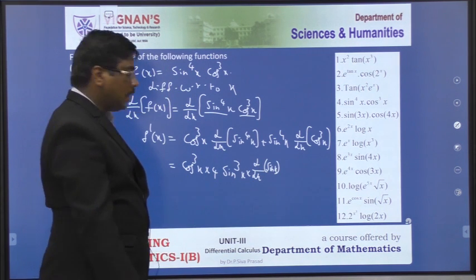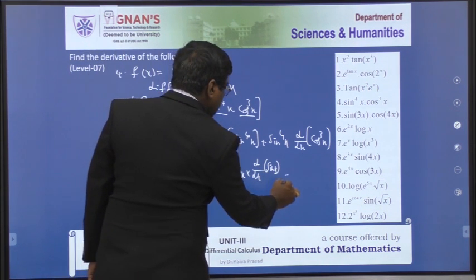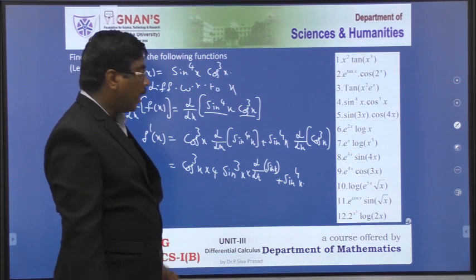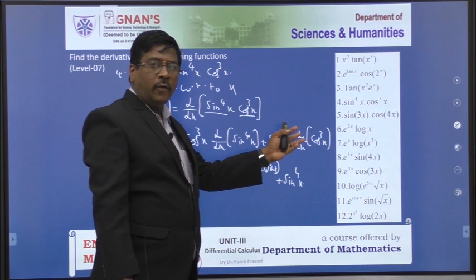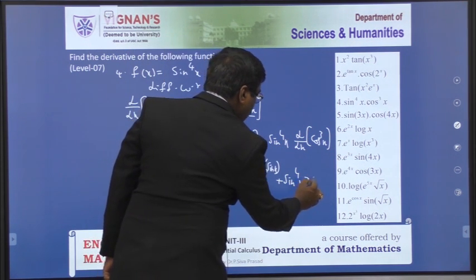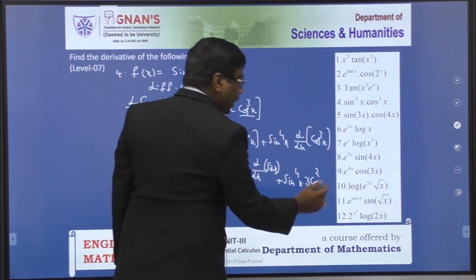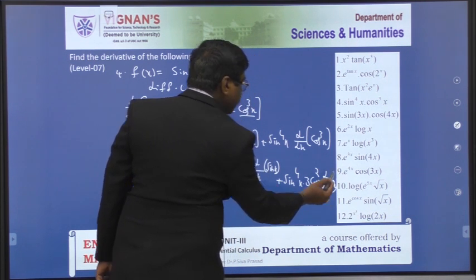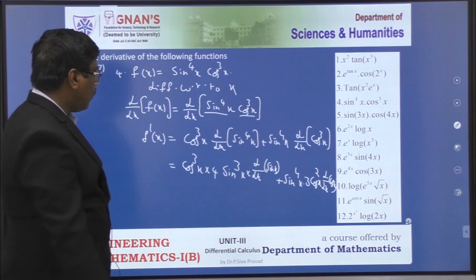Plus sin to the power of 4 x into, again this is in the form of x power n, the formula is n into x power n minus 1. Therefore 3 into cos to the power of 3 minus 1, that is 2, cos square x into the internal derivative, d by dx of cos x.